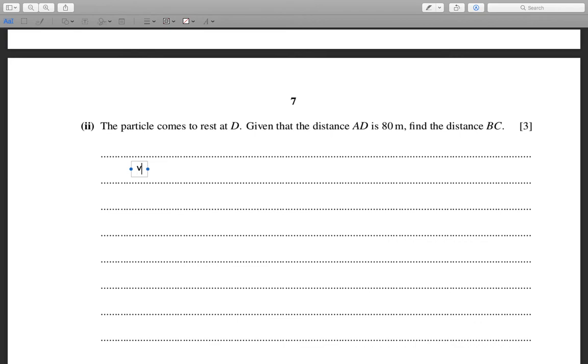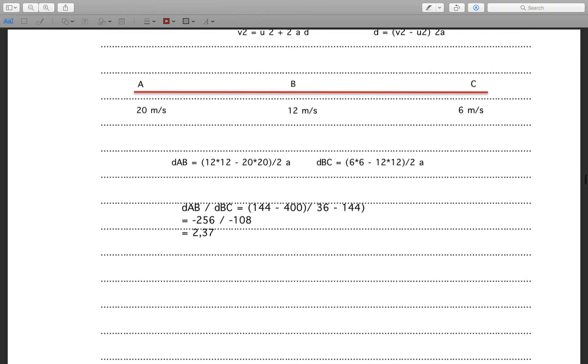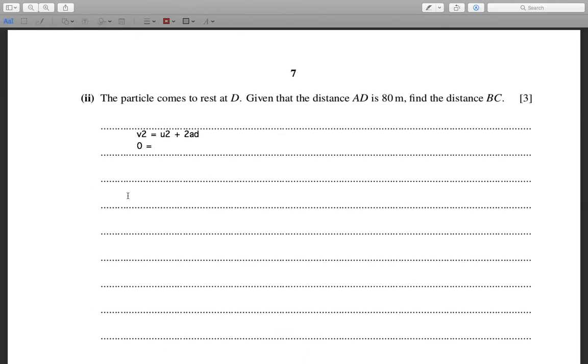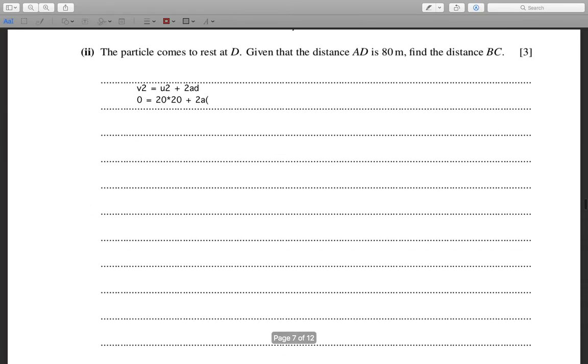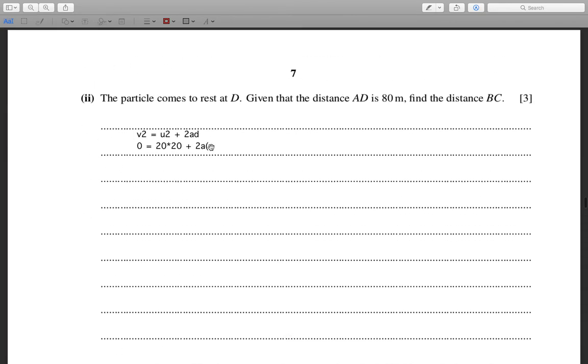Let's use v squared equals u squared plus 2ad. Coming to rest, 0 squared is 0. U squared is 20 times 20, plus 2a, and d is 80 meters.